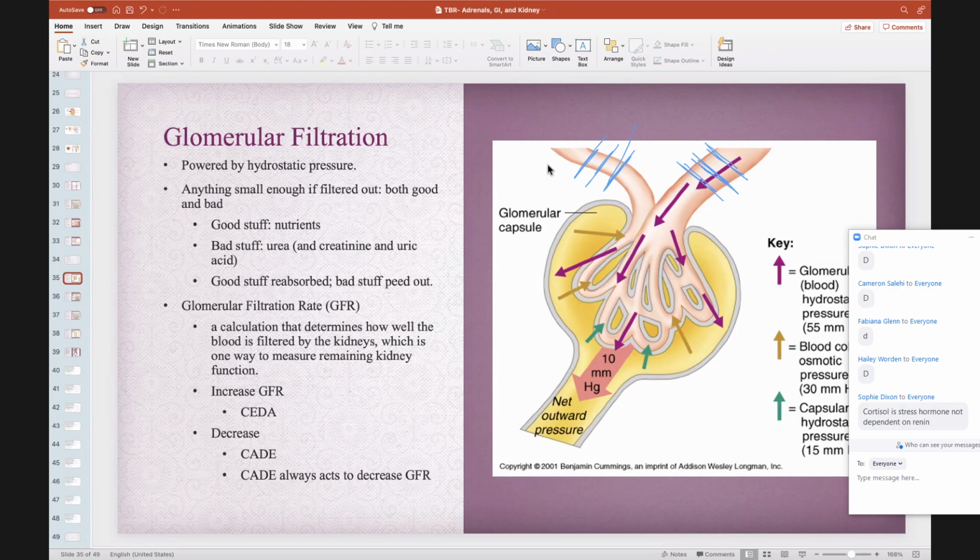So this is our efferent vessel, right? Efferent is exiting the glomerulus. And this guy is our afferent vessel. It is being accepted by the glomerulus and it's going in. So by constricting or dilating these, we can adjust the pressures inside the glomerulus. Does that make sense?